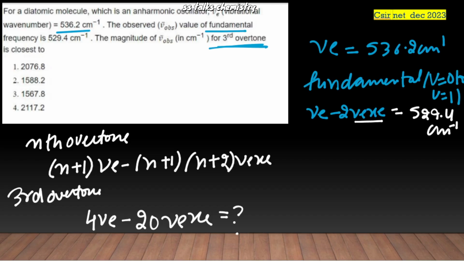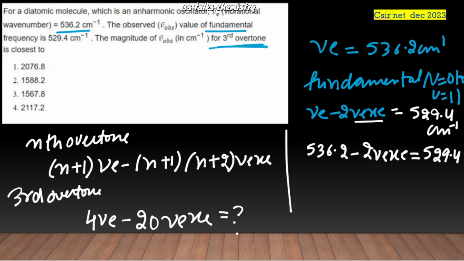So it will become 536.2 minus 2 omega_e x_e equal to 529.4. So 536.2 minus 529.4 is equal to 2 times omega_e x_e. This difference, 536.2 minus 529.4, will become 6.8.